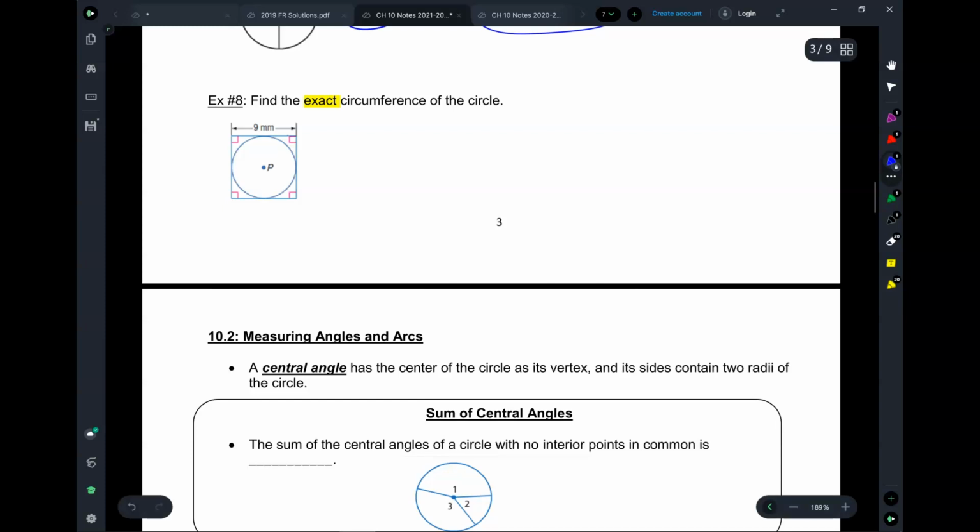So if you have 9 millimeters here, this is also 9 millimeters. That means the radius is how much? Well, you don't even need the radius. You could just use the diameter. So circumference is 9 pi, and this is an exact form. What are the units? Millimeters. Okay? All right, and that's section 1.